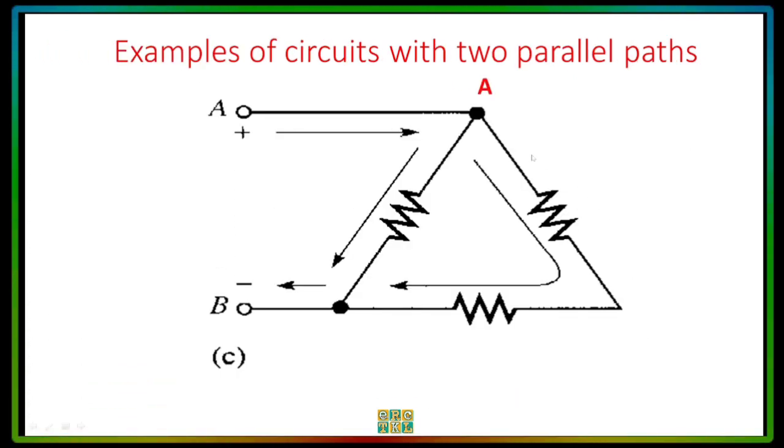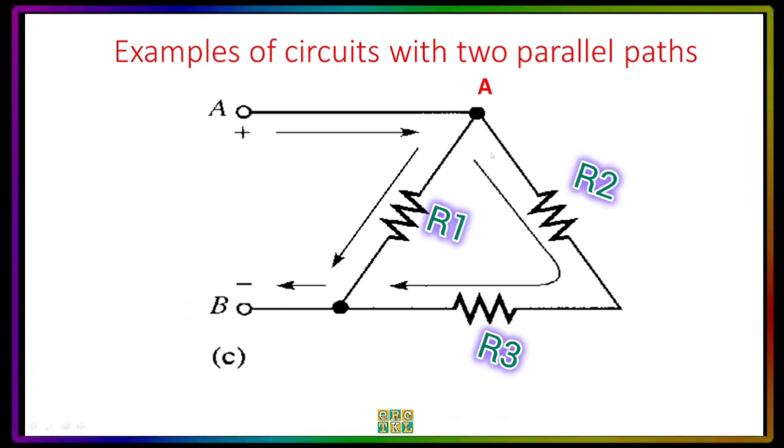This is another example. We have here node A, and this time there are three resistors, but the second resistor on the right and the third resistor at the bottom are in series. Therefore, this is like a series-parallel circuit because R2 and R3 will be added first.